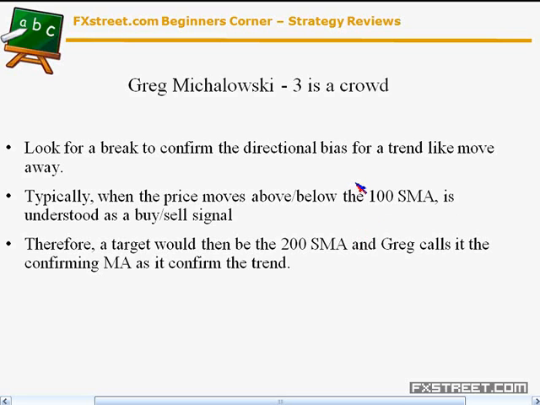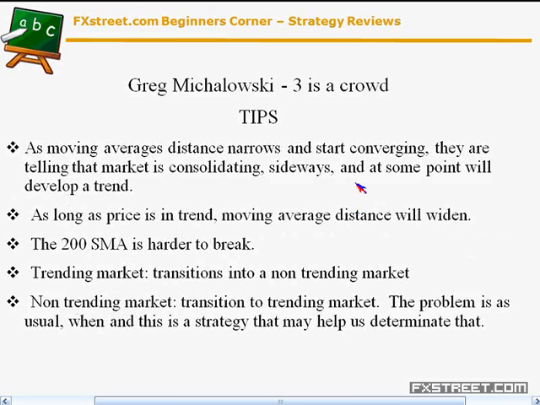Anyway, the idea is that as the moving average distance narrows and starts converging, they are telling us that the market is entering a consolidation stage, and at some point will develop a trend, right? The problem is always when. But on the contrary, as long as price is in the trend, the moving average distance will widen, okay?